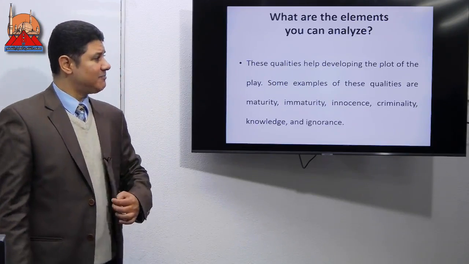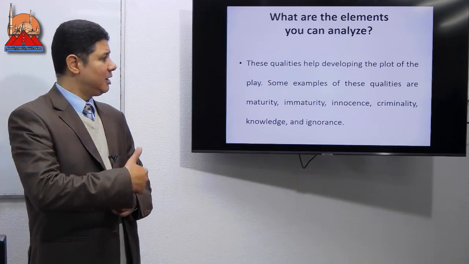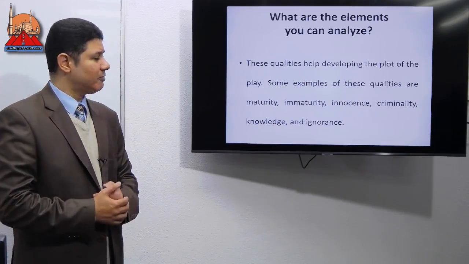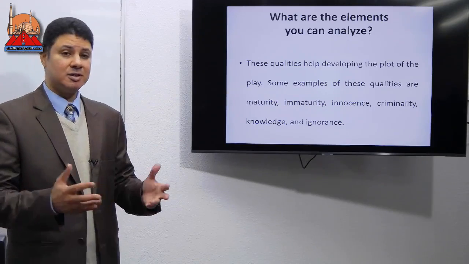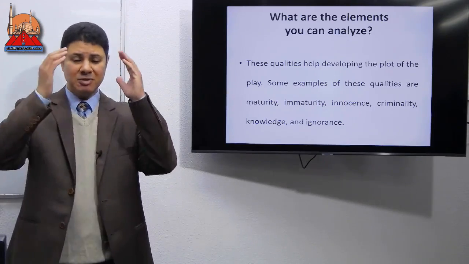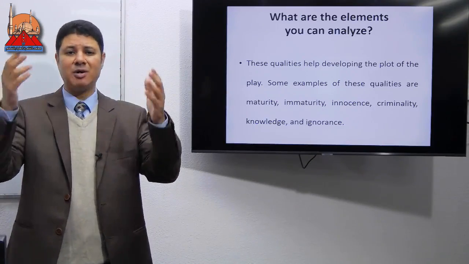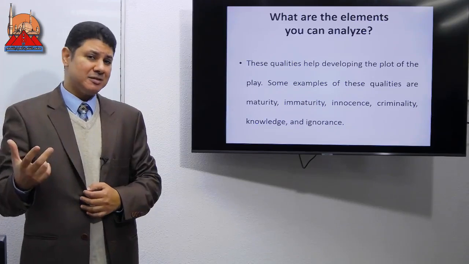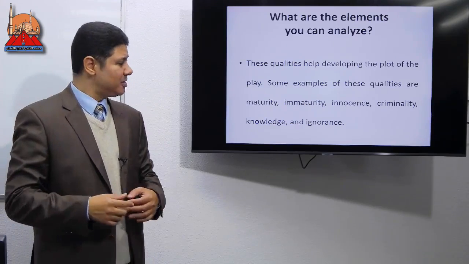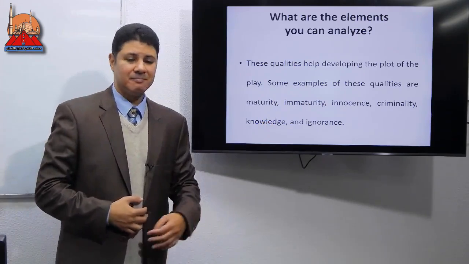These qualities help in developing the plot of the play. Some examples of these qualities are maturity. Maturity means to have a rational mind, a grown-up mind, to have a balanced mind. And its opposite is immaturity.